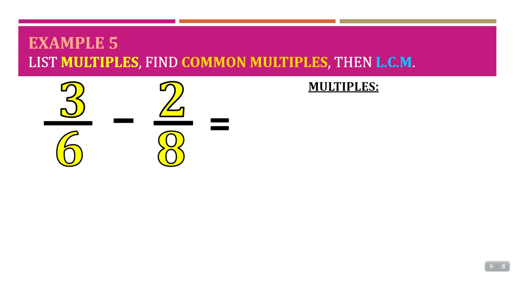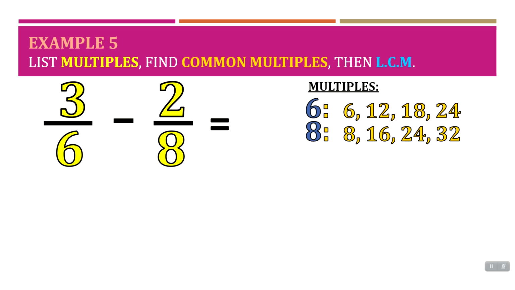Let's list the multiples of 6. And let's list the multiples of 8. Those numbers that are common in red, we see that the number 24 has been listed. If we continue to list the multiples of 6 and 8, we would eventually get to other numbers as well. But we need the lowest common multiple, and in this case, it is 24.